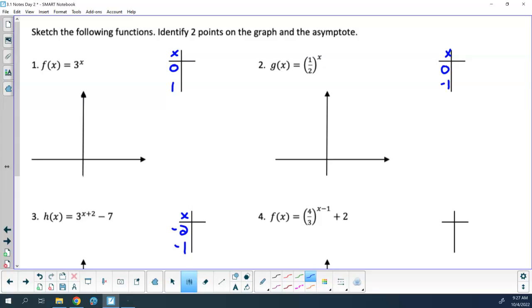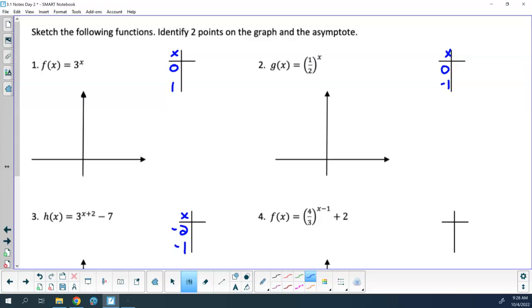Just to make it easy, a true mathematician, people always laugh at me when I say this, true mathematicians are lazy. We always look for the easiest thing to do. Okay? Always. So make it easy on yourself. If there's a formula, we're going to use it. If there's a shortcut, we're going to take the shortcut.